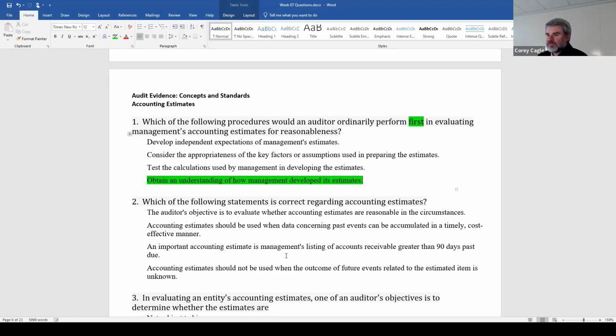I guess next in line would probably be considering the appropriateness of the key factors or assumptions used in preparing the estimates, but we can't do that until we first have an understanding of how they developed them to find out what those key factors or assumptions were, right? So this is first. You can't develop your own estimate, obviously, without understanding management's assumptions and factors and procedures. So the keyword here is first.